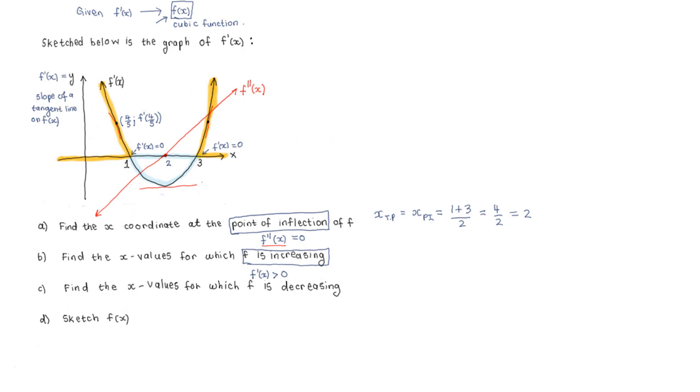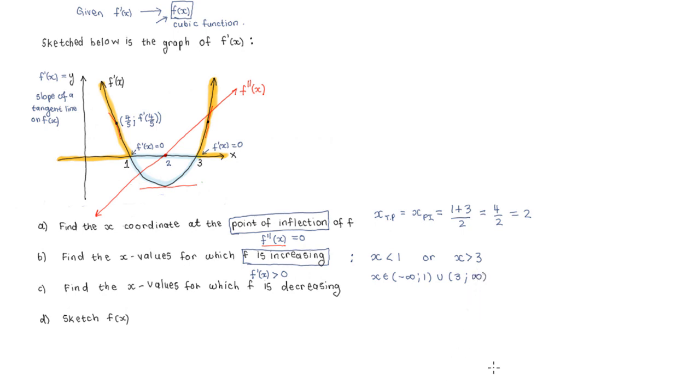So you can see that f prime of x is greater than 0, in other words above the x-axis, whenever x is less than 1, or when x is greater than 3. If you wanted to write this in interval notation, you could write it as x an element of negative infinity to 1 union 3 to positive infinity.